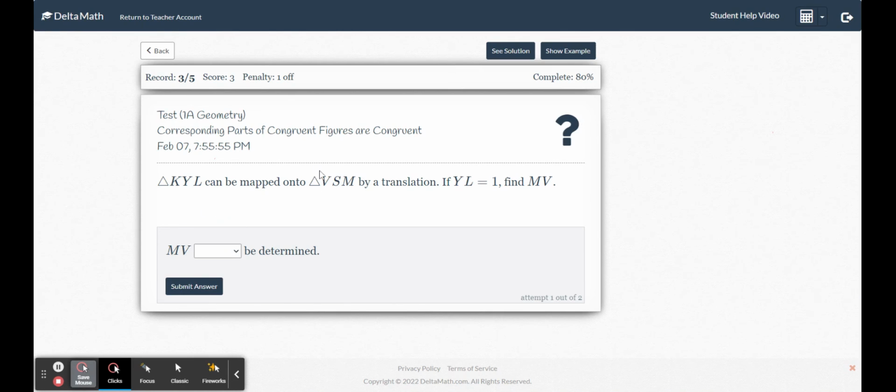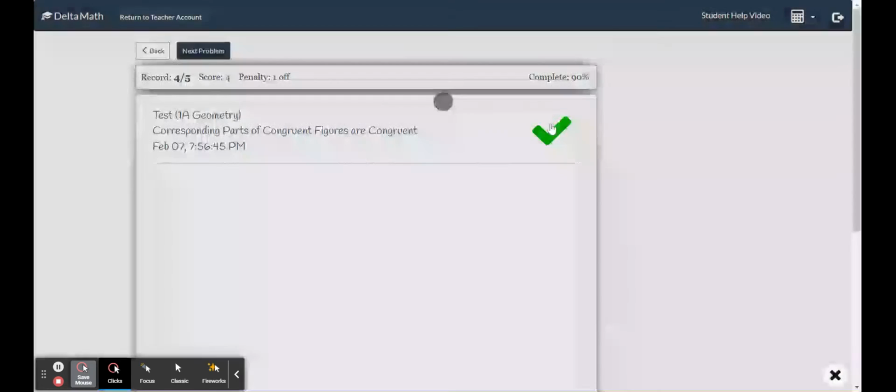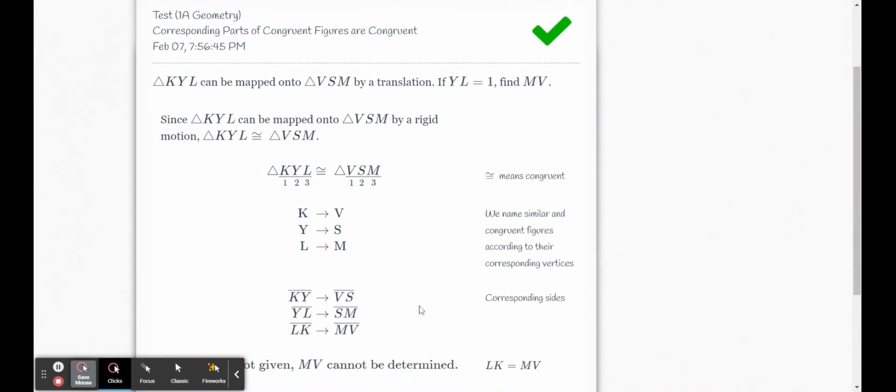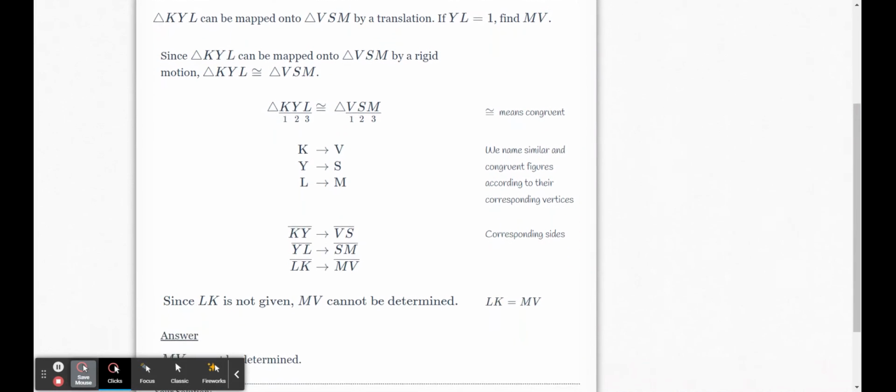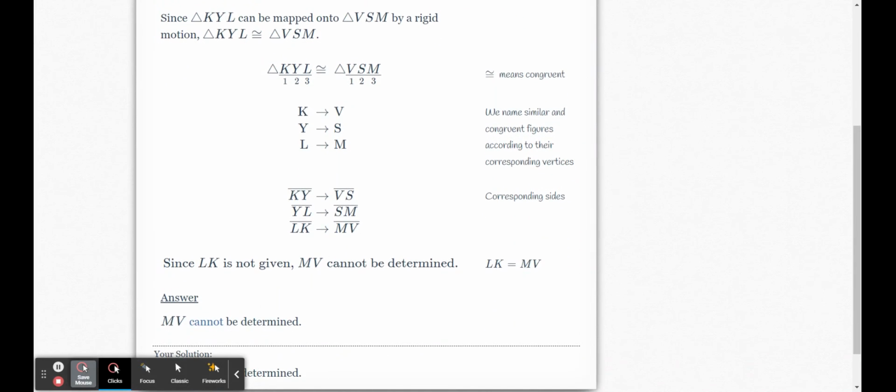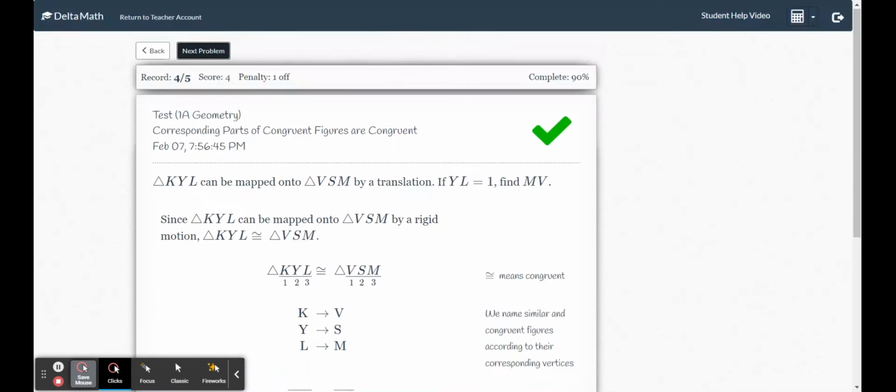Well, MV is 3 and 1. So to me, it cannot be determined because they're giving us information on 2 and 3, not 1 and 3. So we're going to say that this cannot be determined, right? And then it breaks it down to you exactly the same way. Since LK is not given, MV cannot be determined, right?